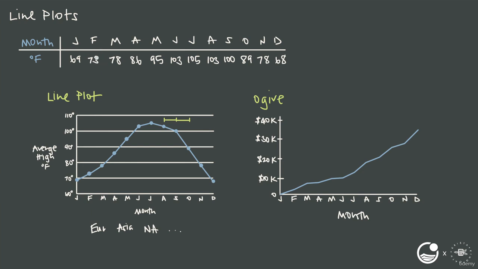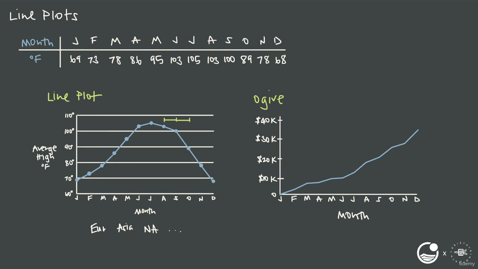And in the context of temperature, it makes no sense to show an accumulated 142 degrees for February. So this kind of temperature data is nonsensical in an ogive, but revenue data works really well. So again, just paying attention to which kind of plot makes sense for the kind of data we have.